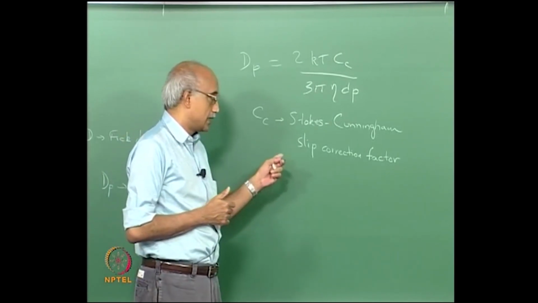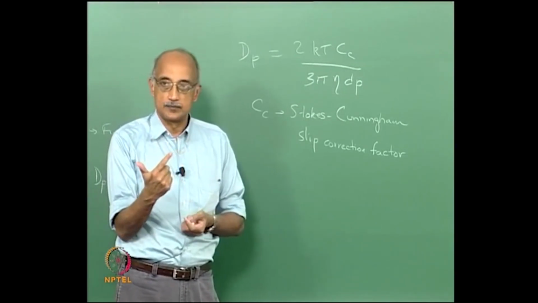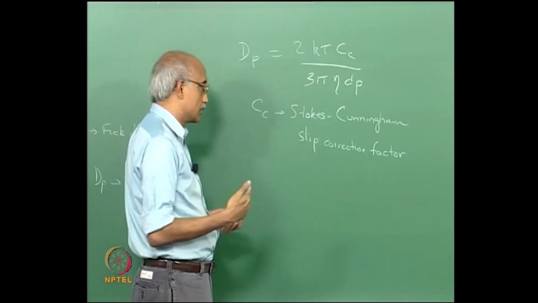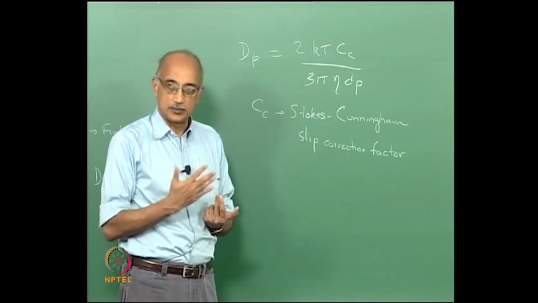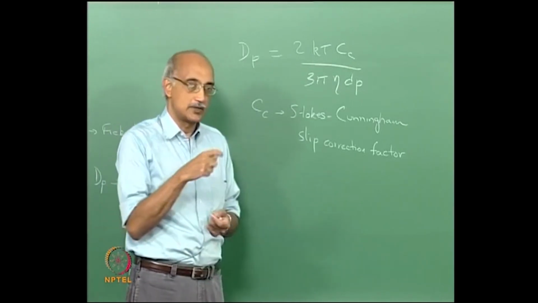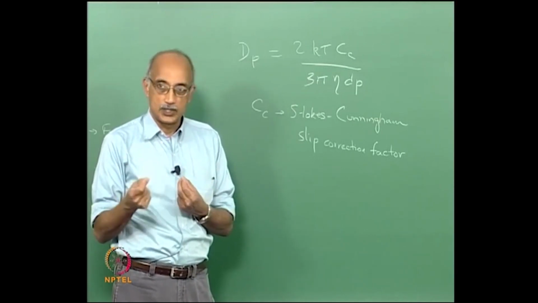However, there is a slip between the particle and surrounding molecules, or between one molecule and the molecule around it, which violates the continuum assumption. And in fact, at the interface what you have is what is known as free molecular flow rather than continuum flow.